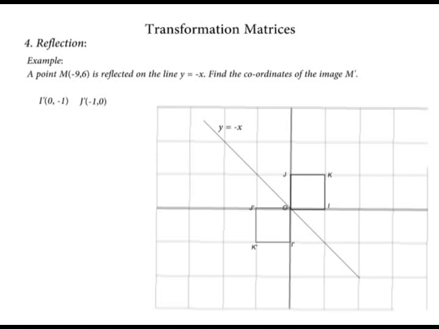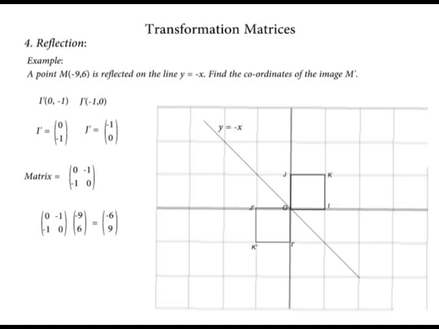As vectors, I prime is equal to (0, -1), and J prime is equal to (-1, 0). As a matrix, that will be [0, -1; -1, 0]. This is the reflection matrix for y = -x. We multiply M with that. 0 times -9 plus -1 times 6 is equal to -6. -1 times -9 plus 0 times 6 is 9.